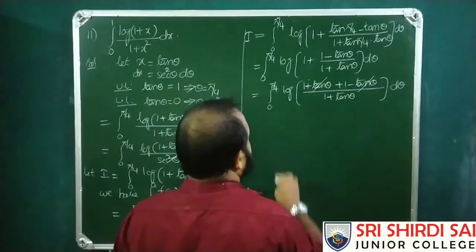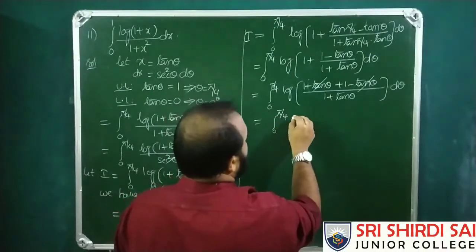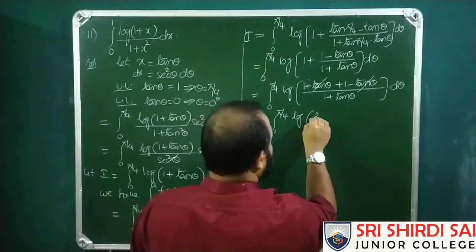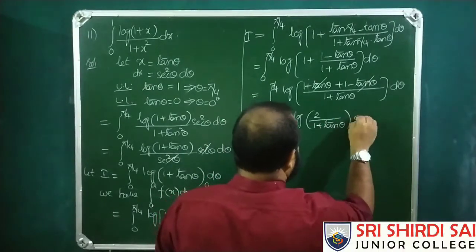So tan theta gets cancelled. So integral 0 to pi by 4 log(2 by (1 + tan theta)) d theta.